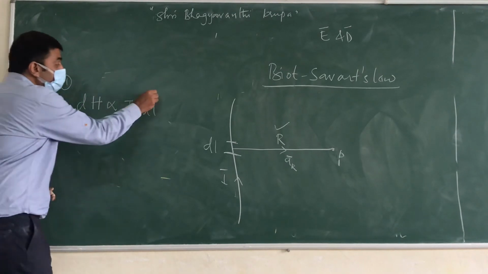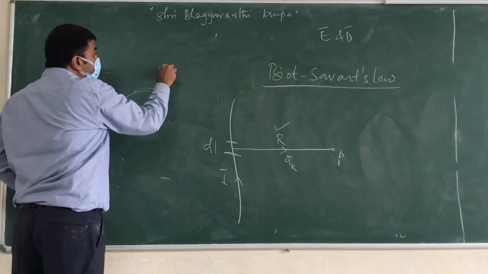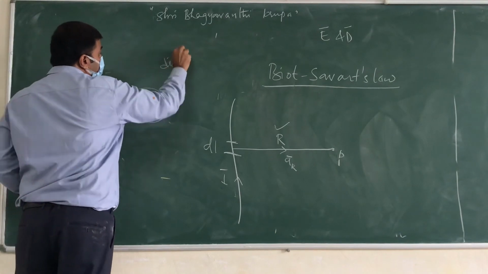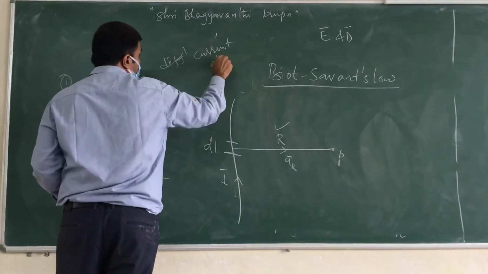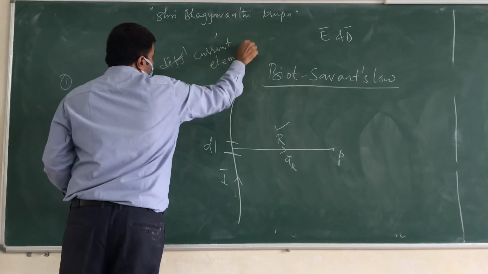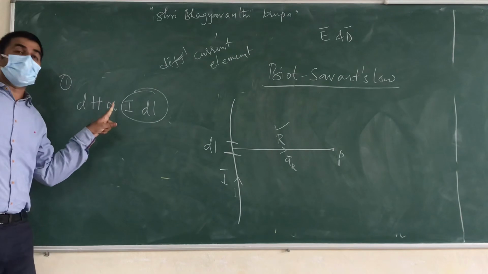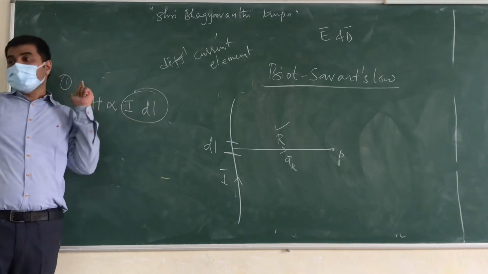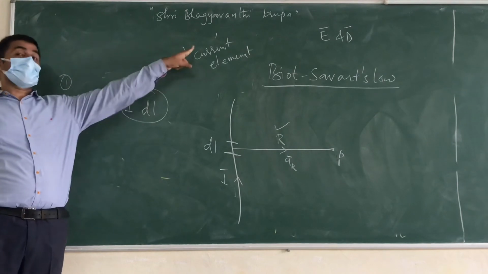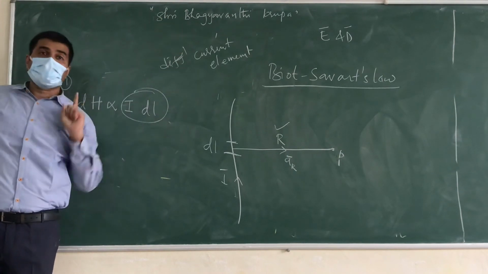See, this together we call the differential current element, the product of current I and differential length dl, in future context.